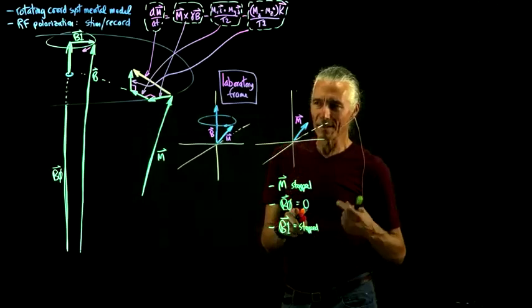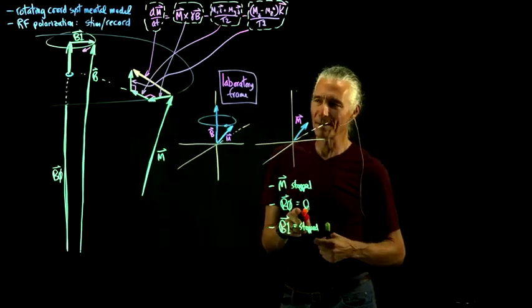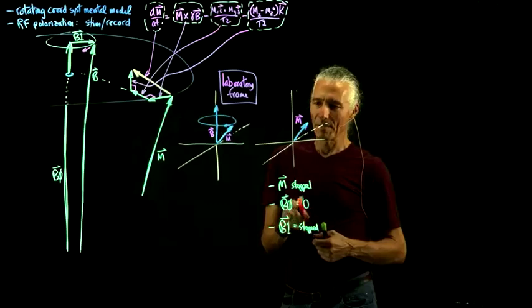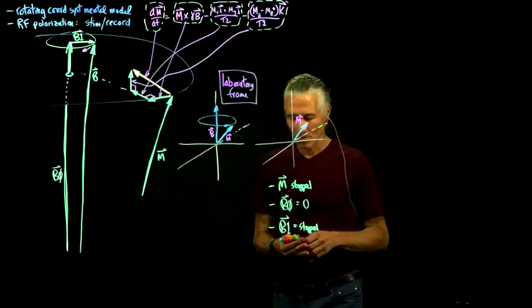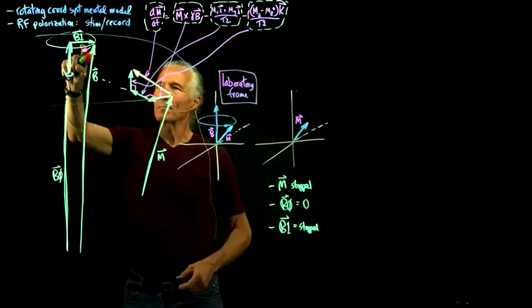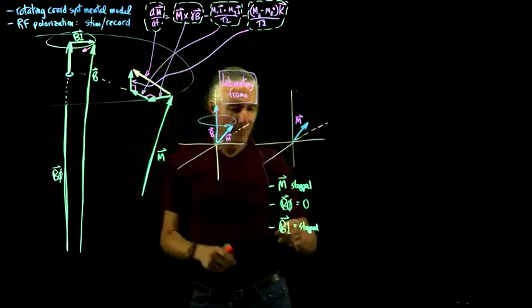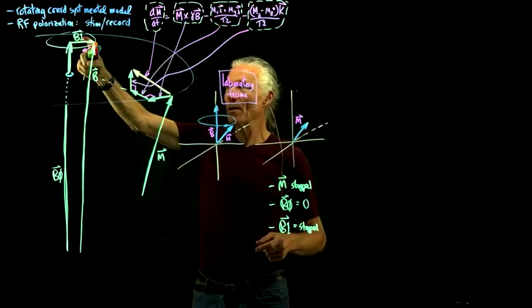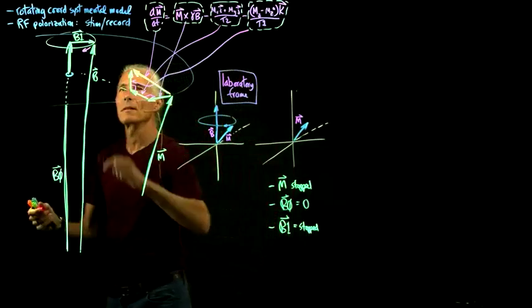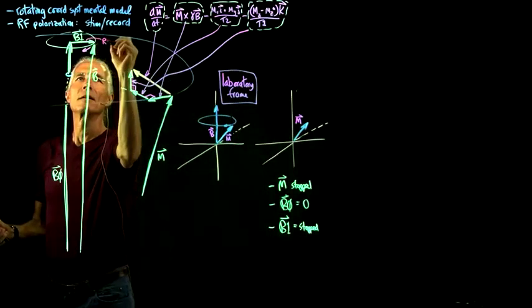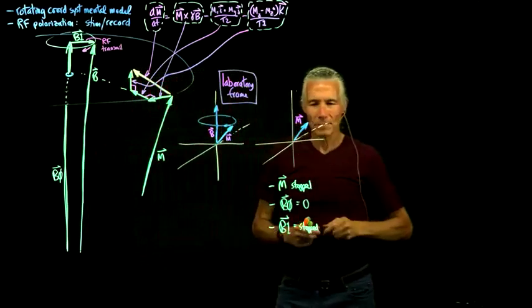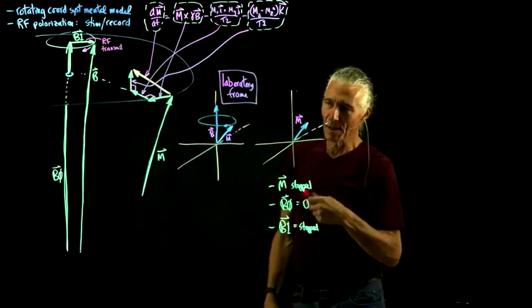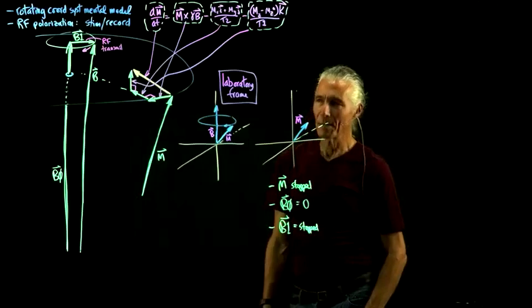That's equivalent to saying we just turned off the B0, no B0 anymore. But it also stops the B1 vector caused by the RF coil. So this guy is the RF coil, RF transmit. That's the RF coil sending radio waves into your head. So it stops that too, because that one is also rotating around at very high speed.